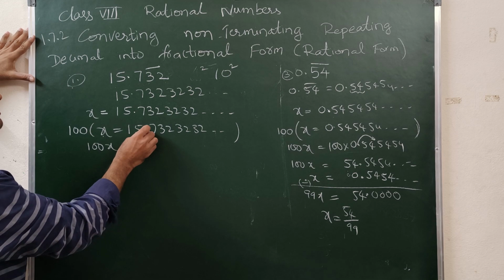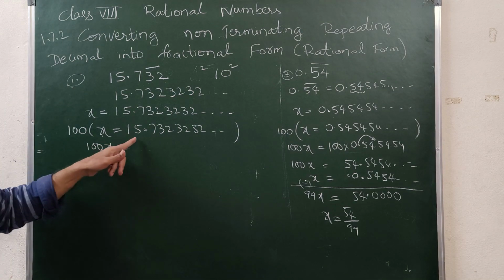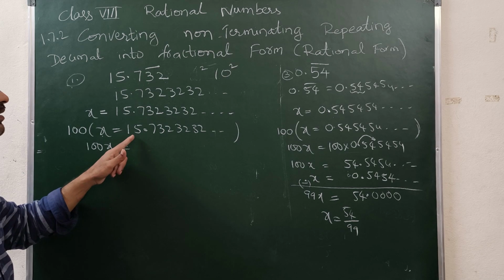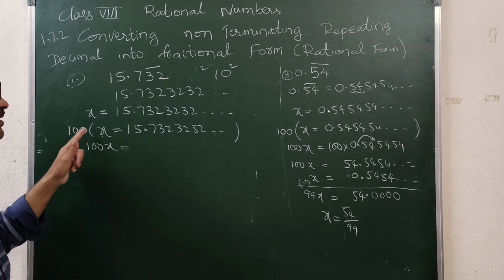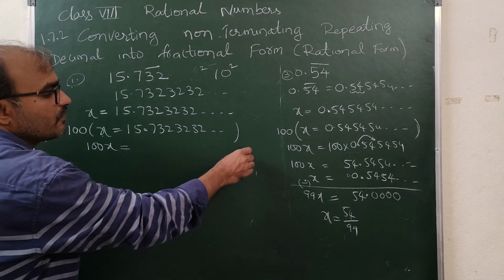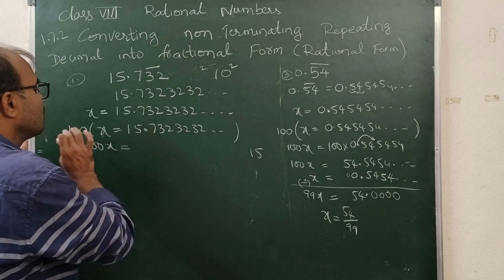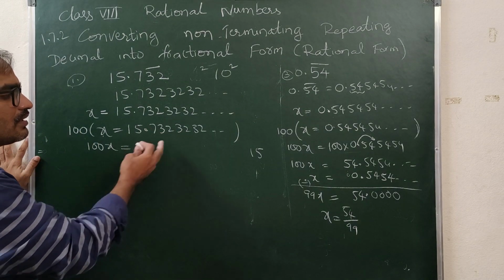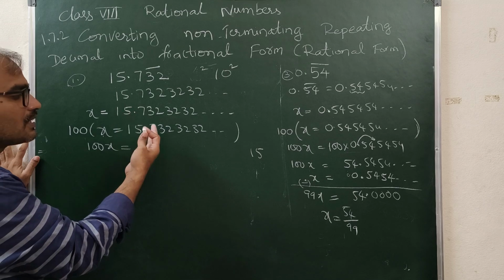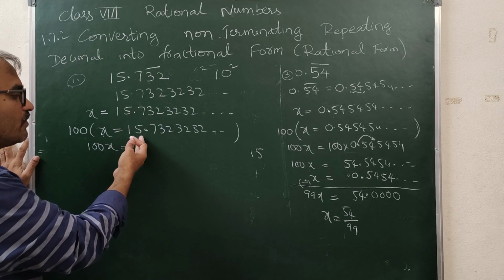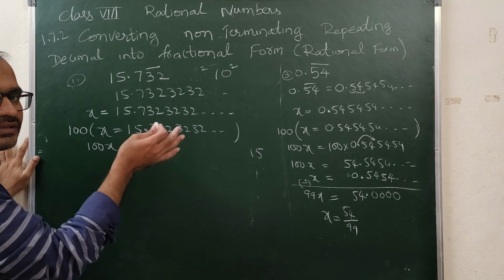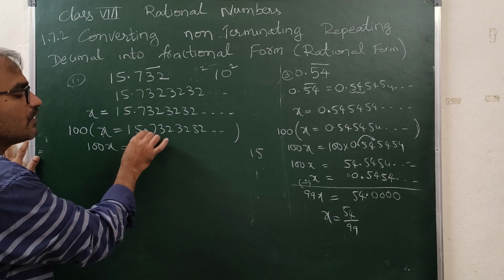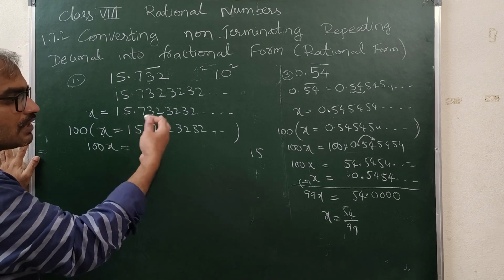And as we discussed previously, 15 into 100 is 1500. But with 0.73 there, it is less than 16, and 16 into 100 is 1600. So it will be less than 1600, more than 1500.